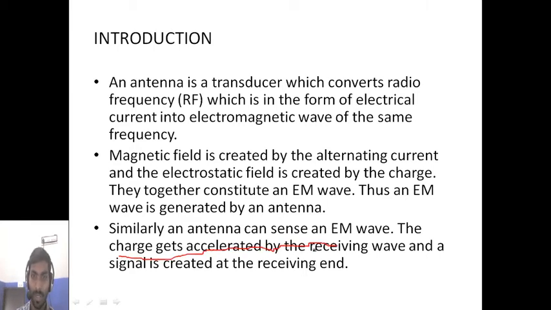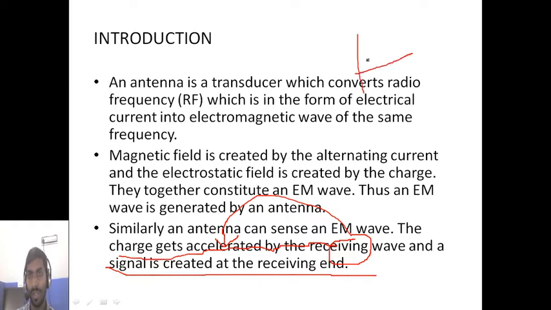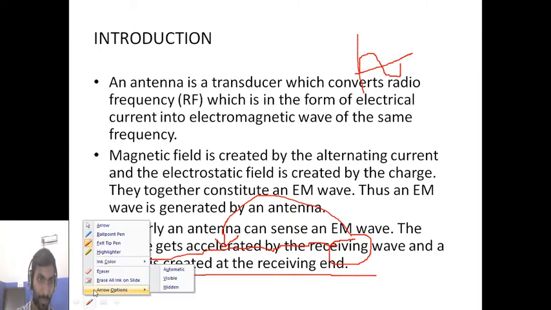That is how the energy present in the receiving wave is going to accelerate the charge. Okay, I hope it is clear. And a wave signal is created at the receiving end. So with this acceleration you are going to see a wave, and later after getting deep into the topic you are going to see a standing wave which is going to be created. Okay, we will see it later.